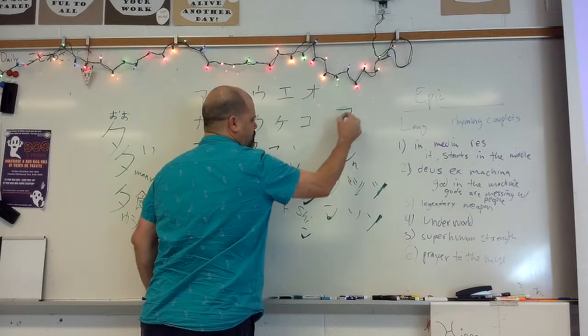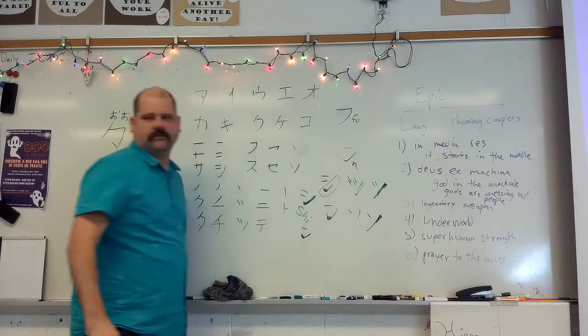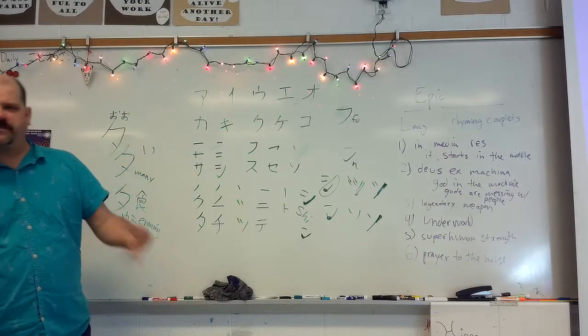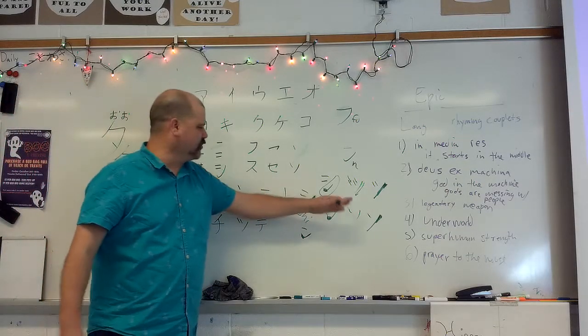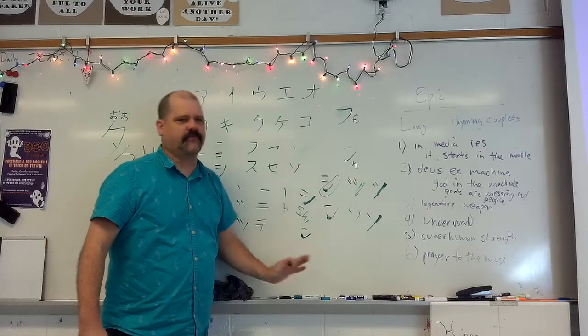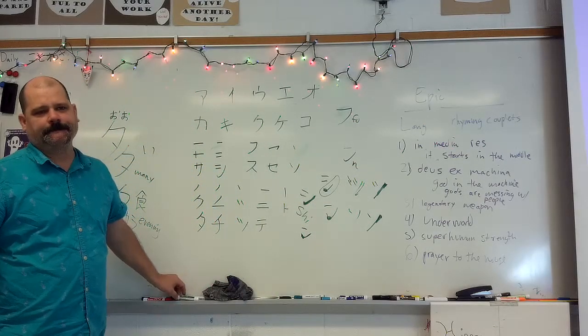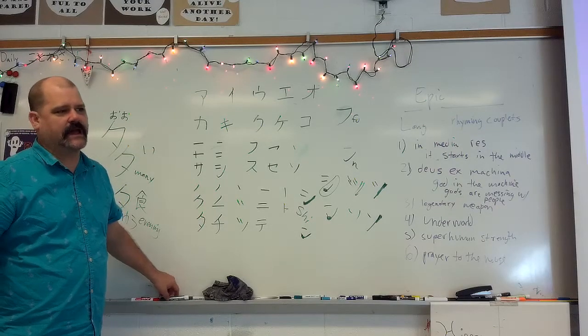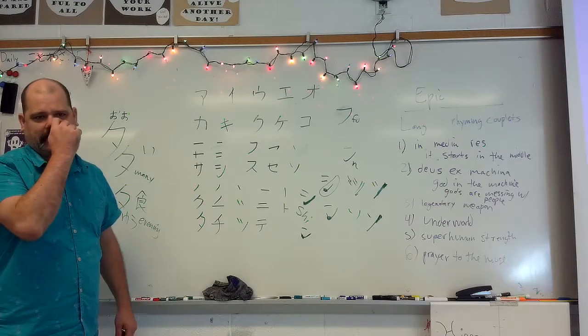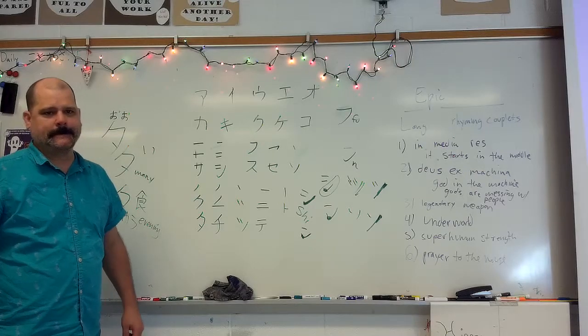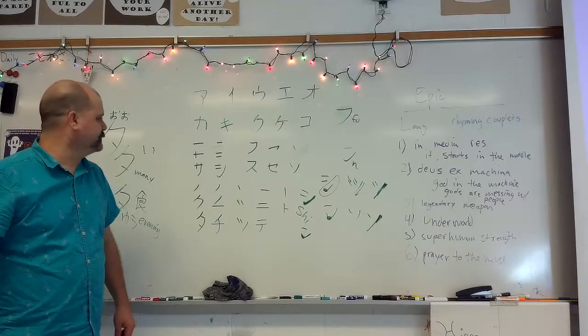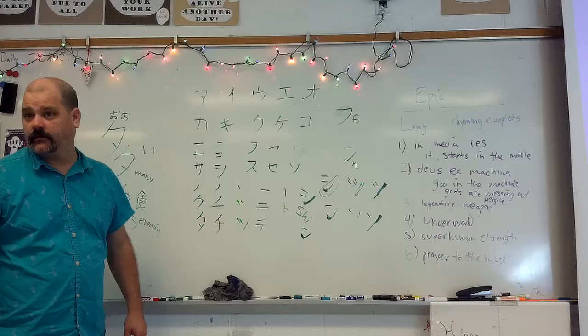Without the little mark, it's fu. So they use pieces of each other, but they don't have any that really look like each other, except for these four. And those four can be quite frustrating. In fact, I remember I had a lot of difficulty with them when I started out learning Japanese. Okay. Any questions about this?